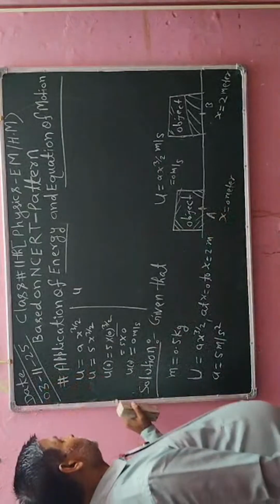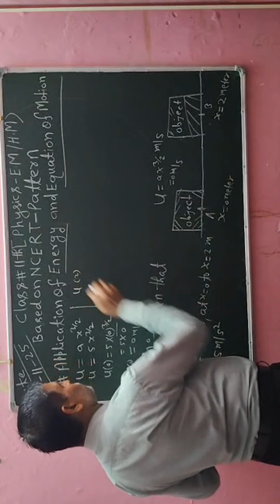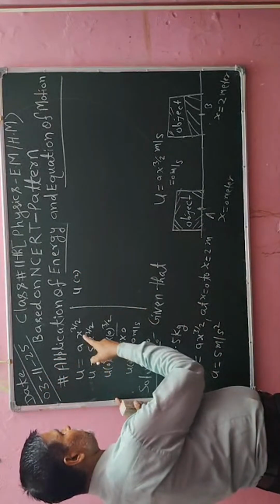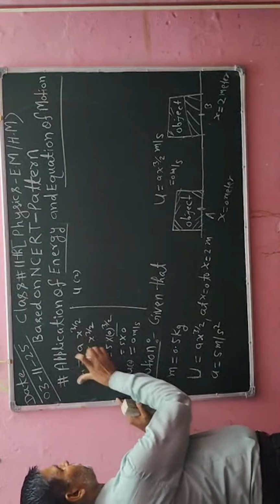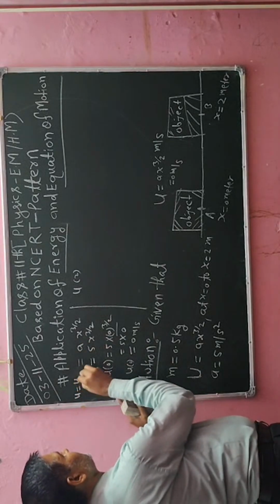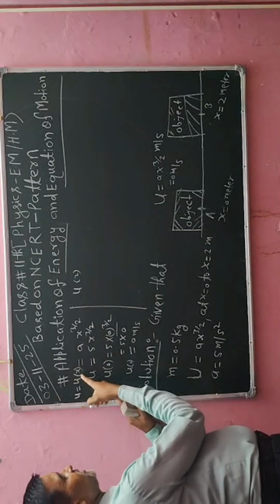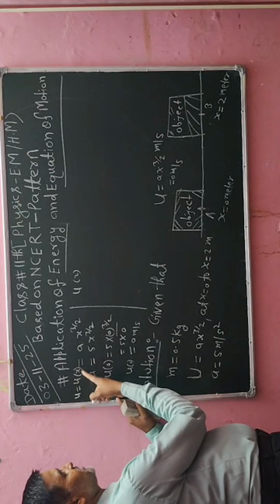Okay. Now when I put x equal to 2, I can write u of x. So here I have to put the value of x.